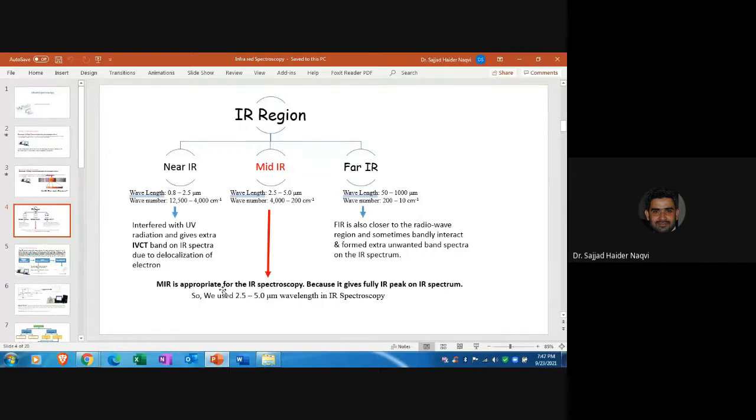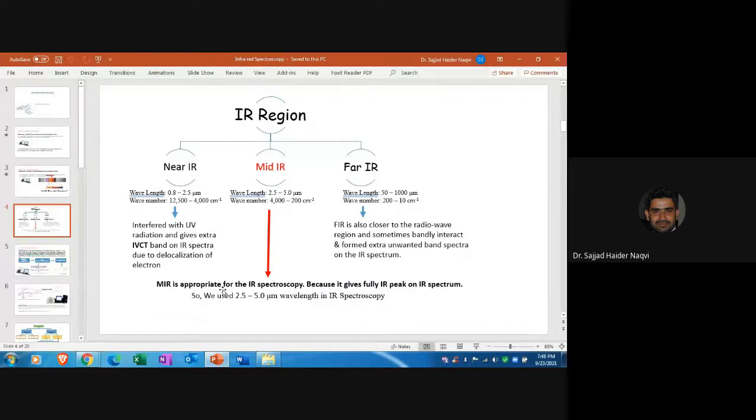When we do the IR spectroscopies, as we said, the light is being absorbed. When it is being fully absorbed, it gives the vibrational change, and as a result of that, there is a spectrum which is being given to us, which leads to the determination of the characteristics which I mentioned earlier.